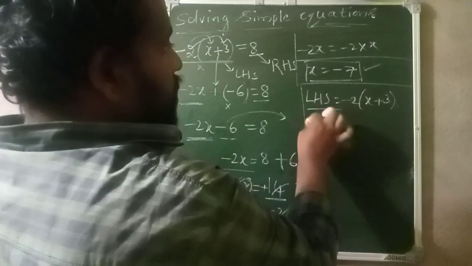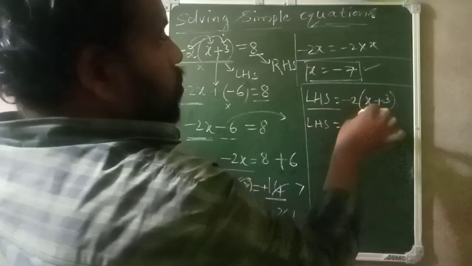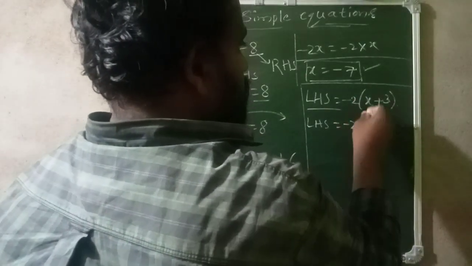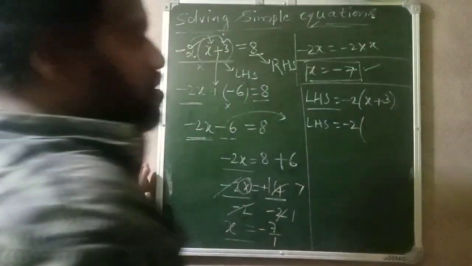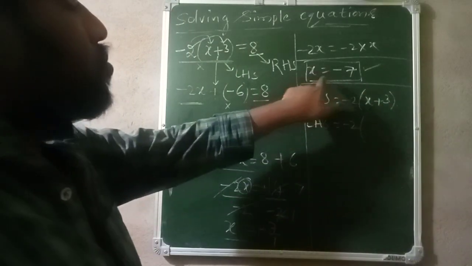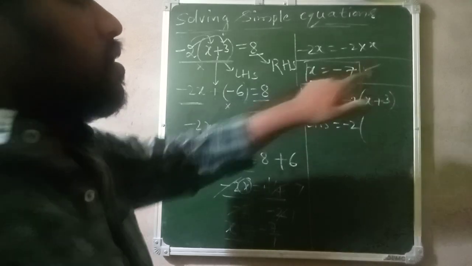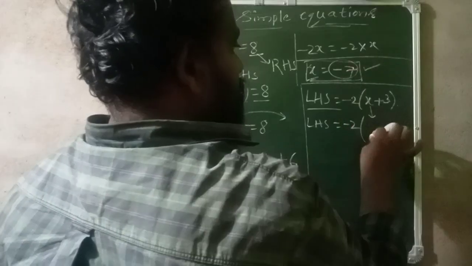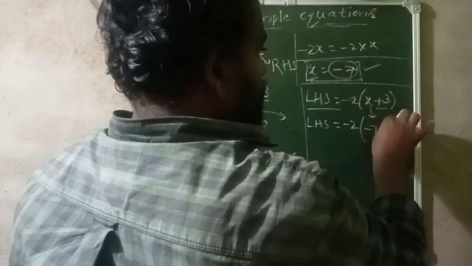Next step, write LHS is equal to minus 2, bracket, x is there. Now substitute the value for x. We got x is equal to minus 7, so the value of x is minus 7. In place of x I am going to write minus 7, plus 3, as it is, bracket.